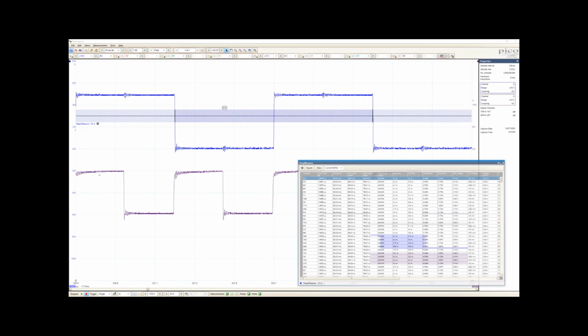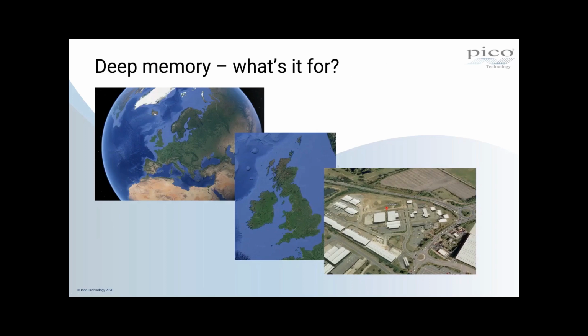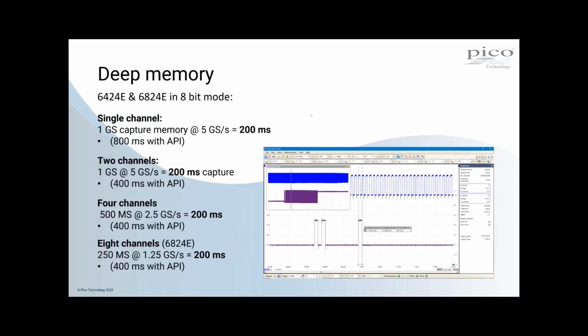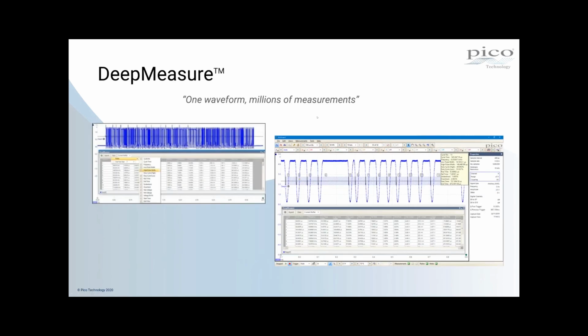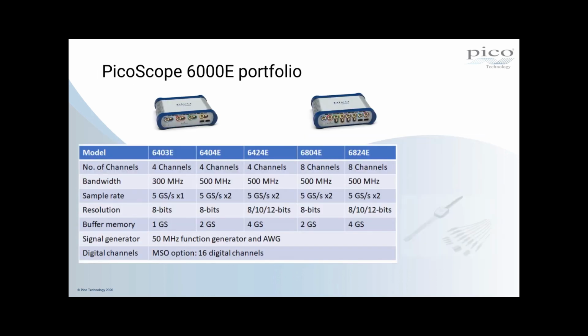So just switching back to the presentation, we've looked at deep measure, or deep memory. We've looked at deep measure for making millions, well, up to millions of measurements on a single waveform, and analysing those characteristics.